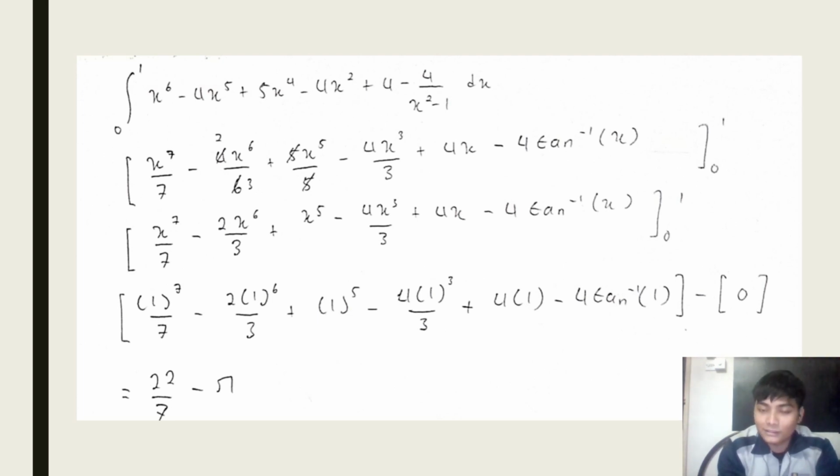And after we integrate it, we need to substitute x with 0 and 1, and we will get the final answer, which is 22 over 7 minus pi.